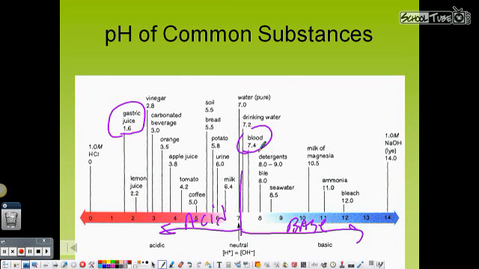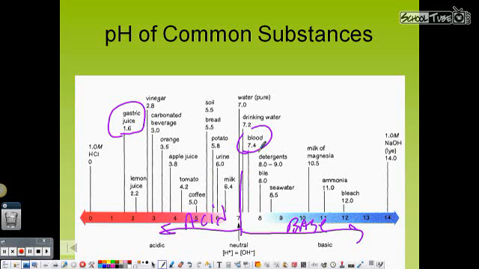Your urine, milk is a little acidic. The soil is acidic. A lot of times you have to add lime to your soil because it's too acidic. If you have pine trees, make sure you put pine straw around your azaleas so they will be more healthy, since it increases the acidity of the soil under the azalea.